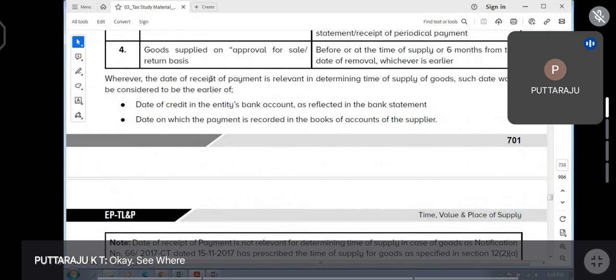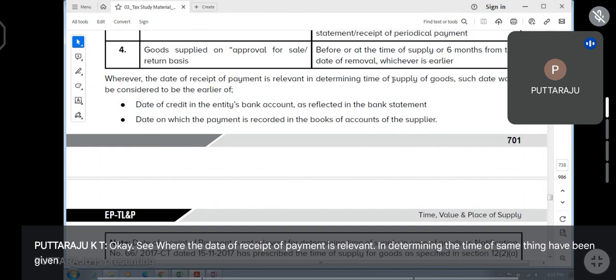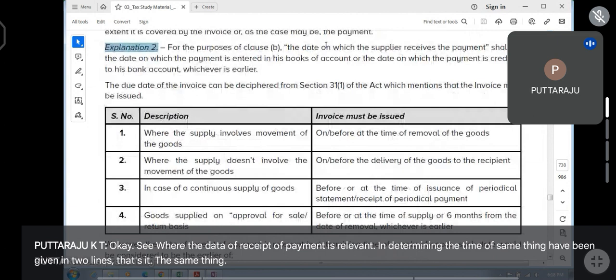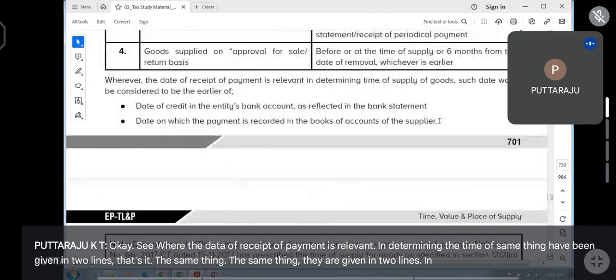Where the date of receipt of payment is relevant in determining the time, same thing have been given in 2 lines in bullet point.